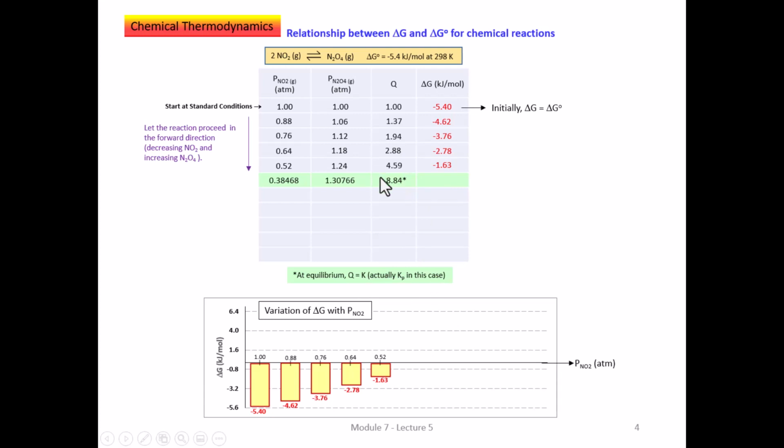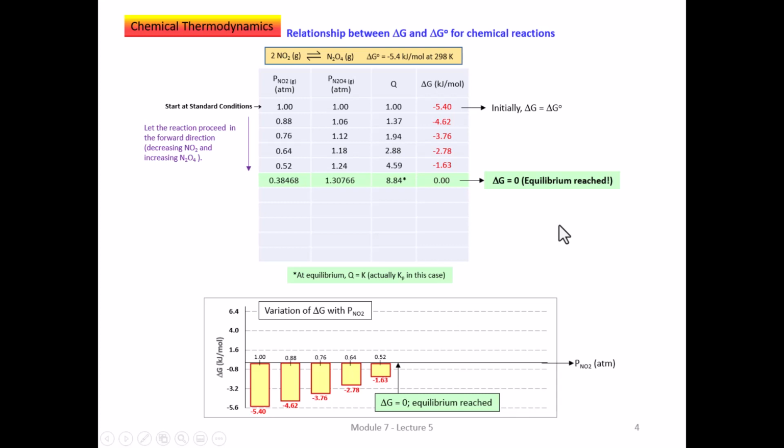But how do I know that this is at equilibrium? Because the calculated delta G value is now 0 using that equation, and we've reached equilibrium. And I've marked it on the graph down here at a pressure of NO2 of 0.384. Well, now the reaction's at equilibrium.